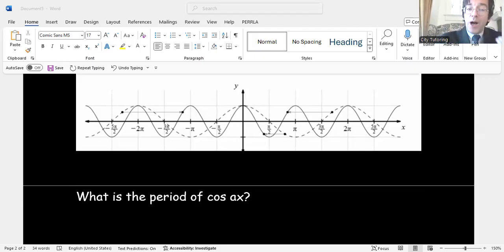Because the graph of y equals cosine of x repeats every 2 pi, so the compressed graph of y equals cosine of a times x will repeat every 2 pi over a. So you could say that the period of cosine of ax is 2 pi divided by a.